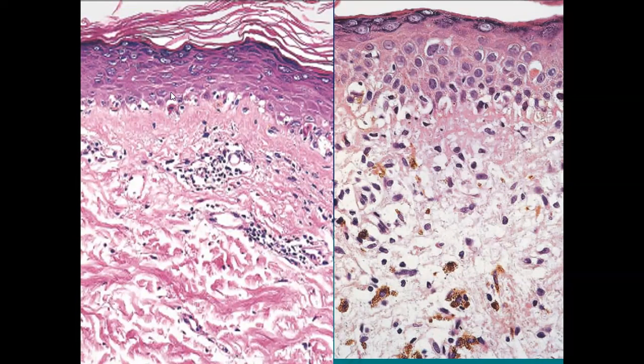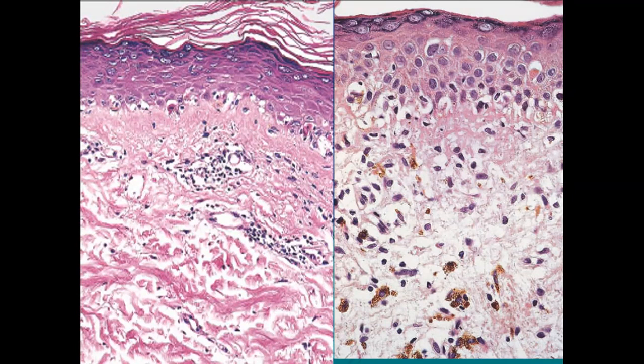This is just the basal cell vacuolar degeneration, with pigmentary incontinence. There are many conditions associated with basal cell vacuolar degeneration, and we call it interface dermatosis.